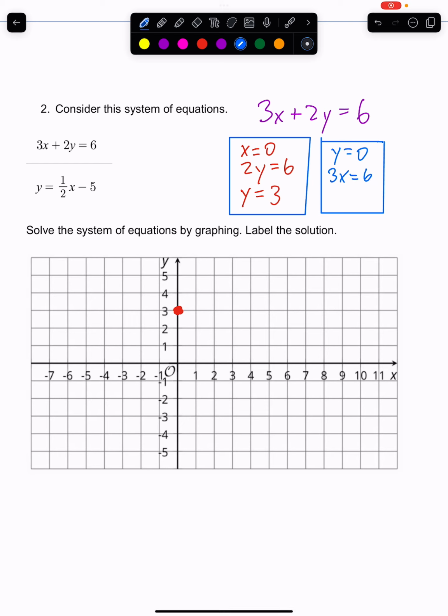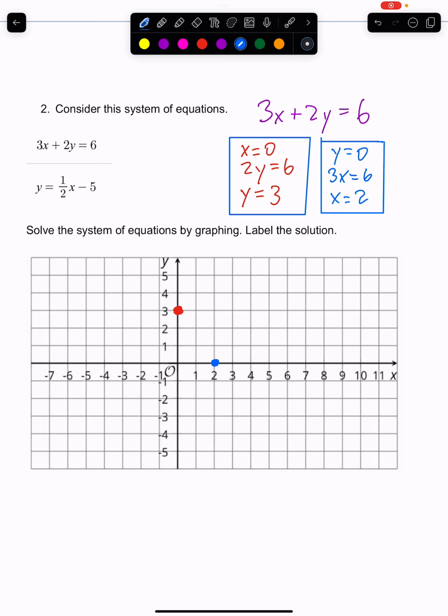I've got 3 times x. To get x by itself, I'm going to need to do the opposite of multiplication. I'm going to have to divide by 3 so I can get 1x. But if I divide one side by 3, I got to divide the other side by 3. So x equals 6 over 3. 6 divided by 3 is 2. Here we go. That's all we need to graph this line.